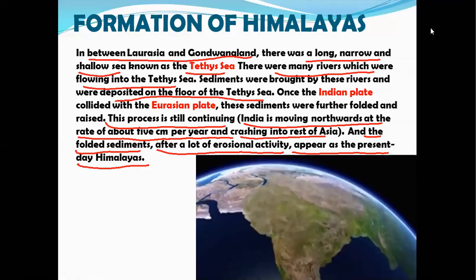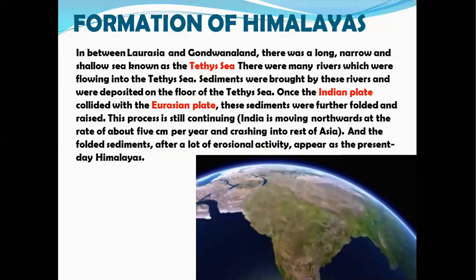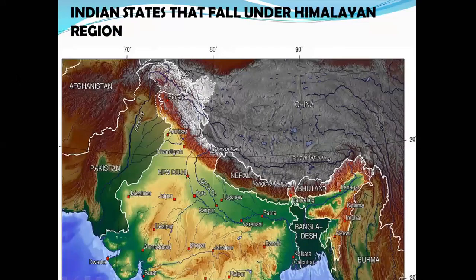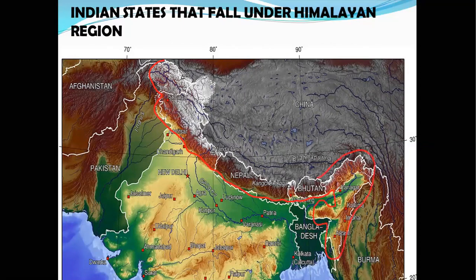Now let's have a look at the states that fall under the Himalayan region. The entire region that is covered in brown falls under the Himalayan region. Now this region is wide, and it is covered with snow throughout the year.